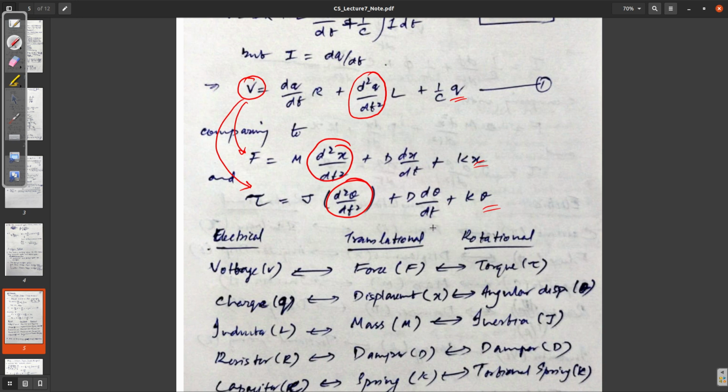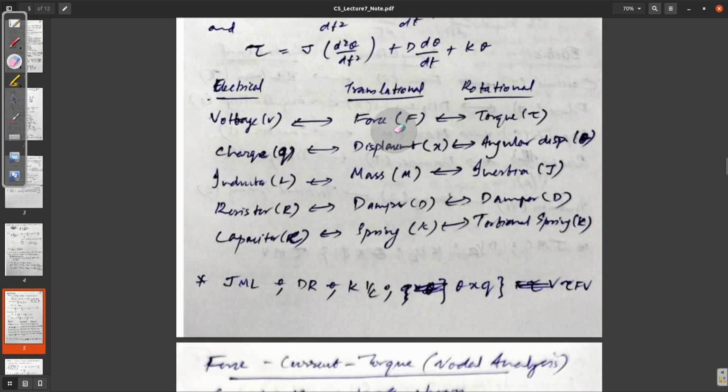Similarly, for the d squared term, L is coming, m is coming, j is coming. Like that, we can do this for all the different parameters of the network and the physical system. So this is just a shorthand: J, M, L; D, R; K, 1 by C; theta, x, q.